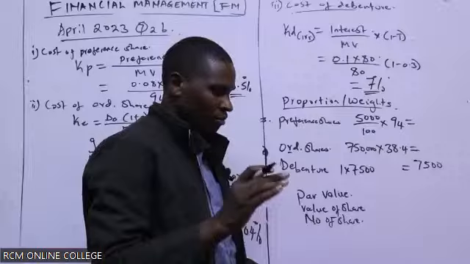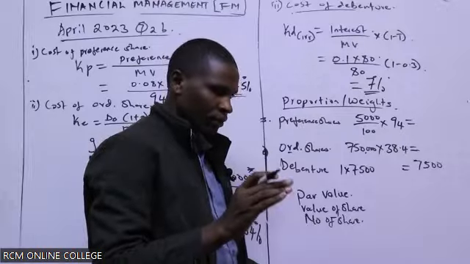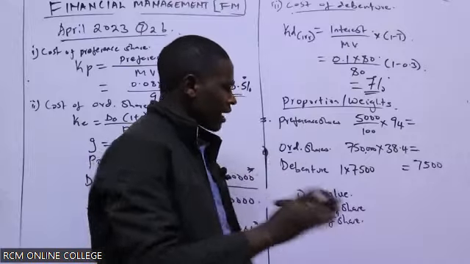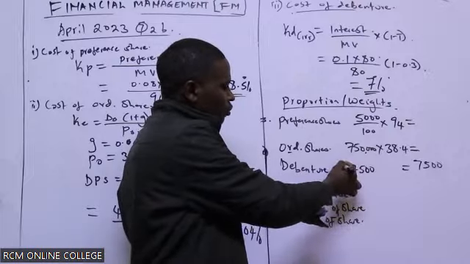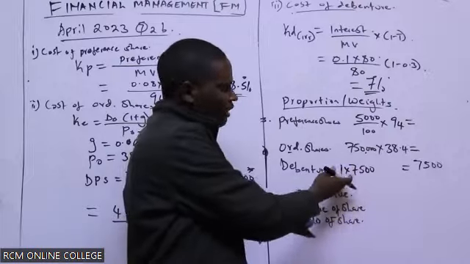Na kwa debenture par ni kama 1. So hizi ni kama the shares available. Sawa.